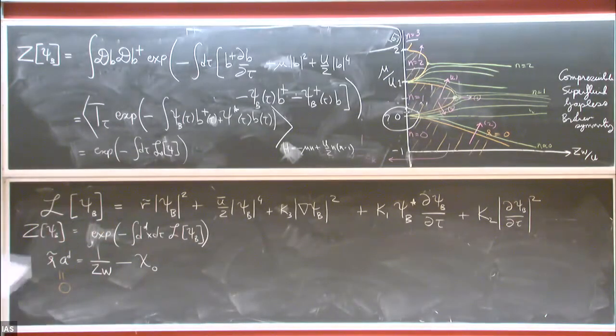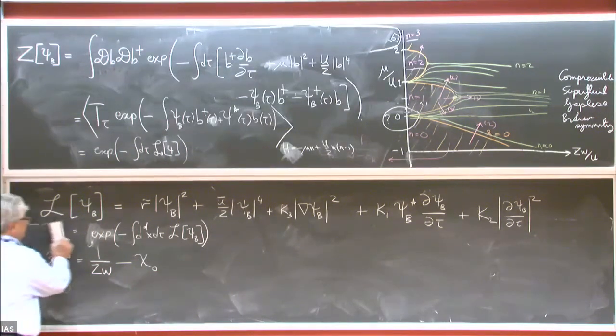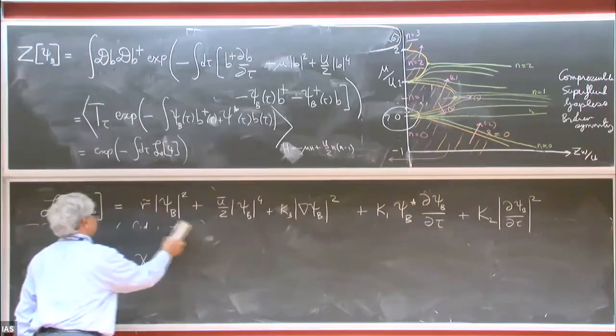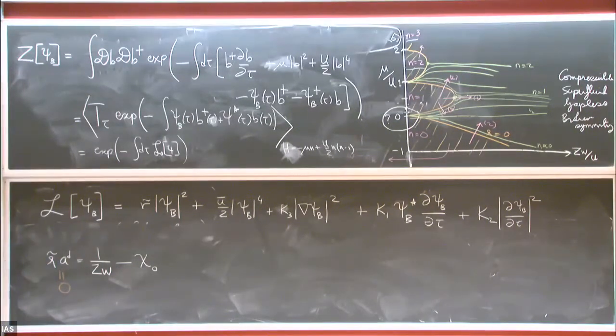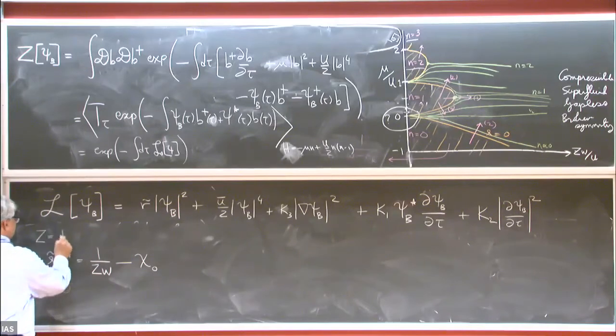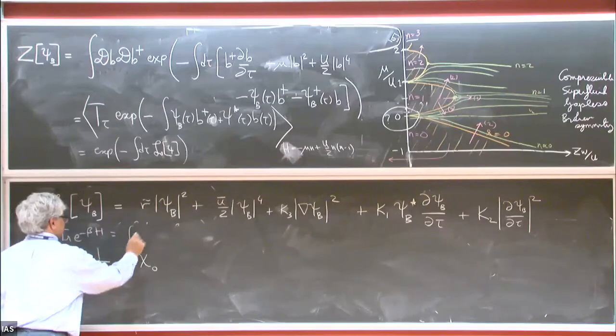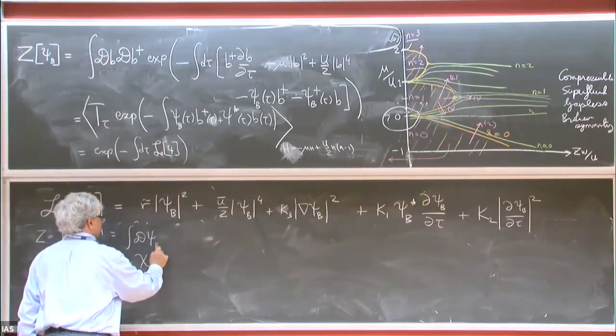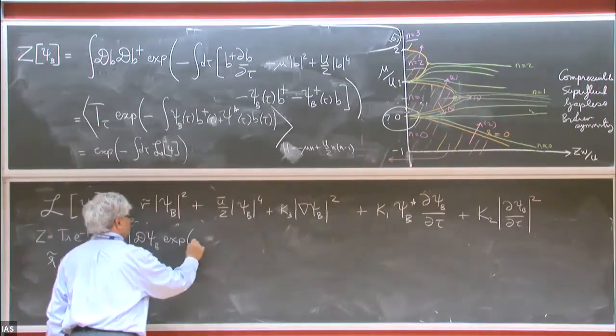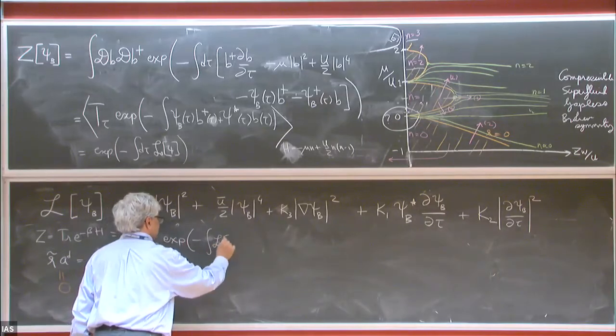Look to my notes for the precise notation. The original theory was the trace of e to the minus beta H, but through this series of transformations it has been reduced to the integral of L.